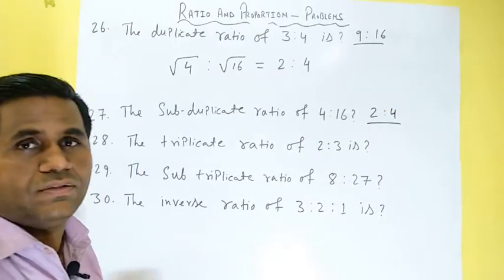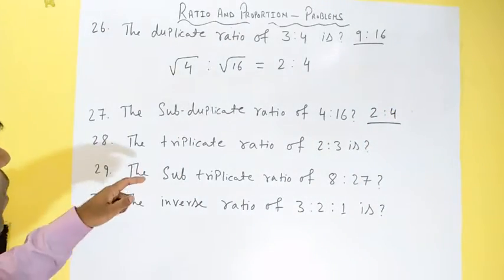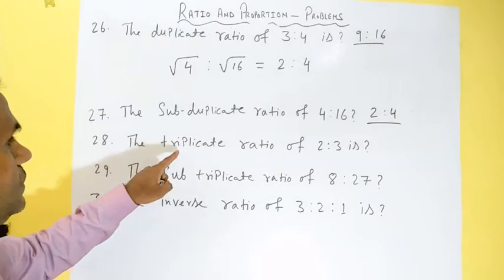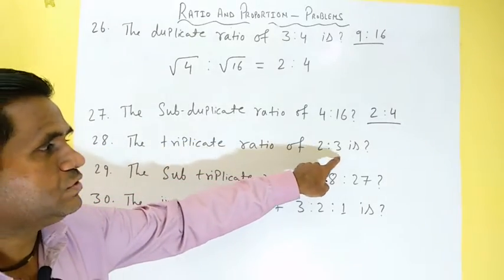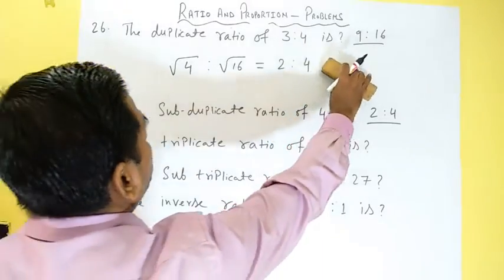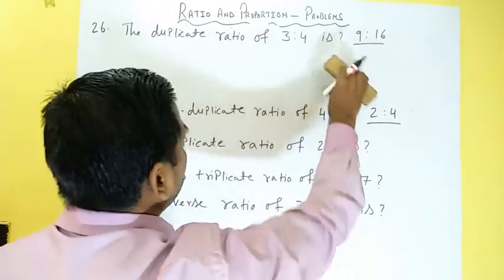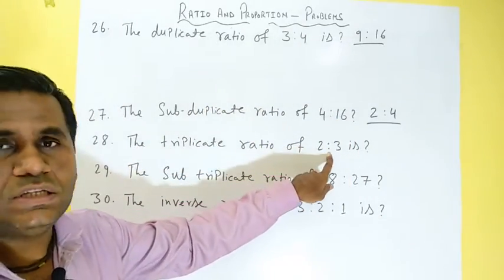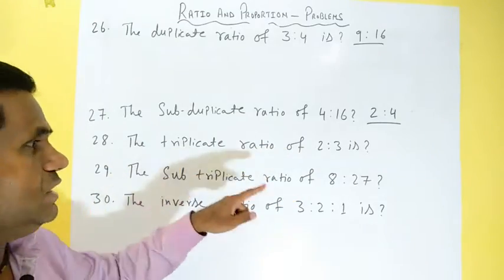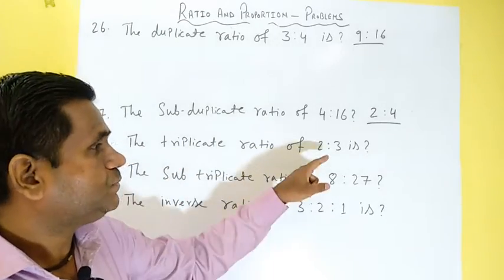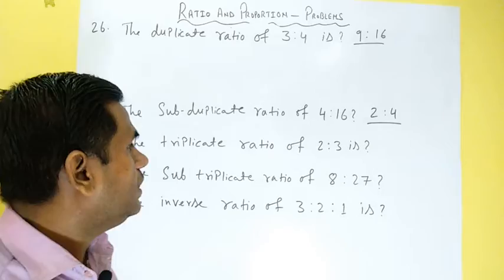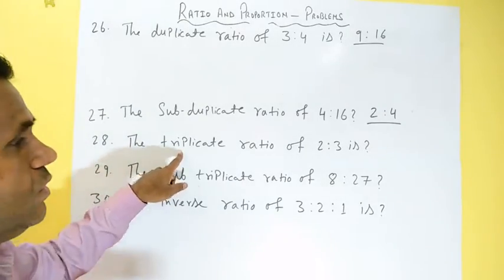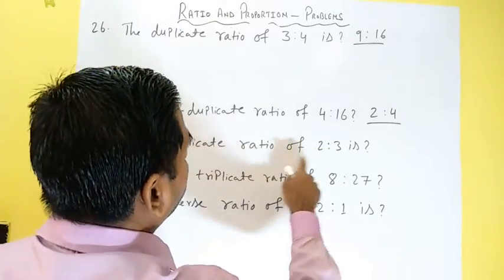This is the answer. Okay, now next question, the triplicate ratio of 2:3 is. So what is the meaning of triplicate? If we know the meaning of triplicate, we can quickly find out this answer. So triplicate means the cube of the given ratio. Okay, so triplicate means cube. So we will do the cube of the given ratio.